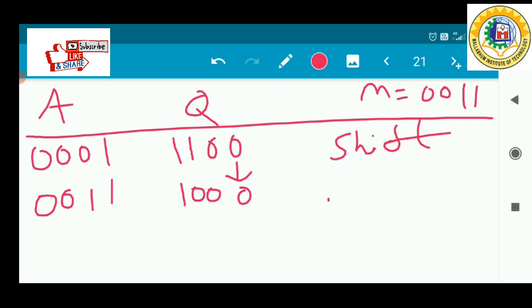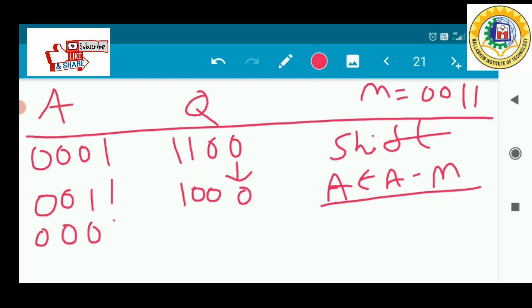Then we perform A equals A minus M. I am not performing this operation again, I already told you in the second step how A equals A minus M is performed. If you perform it, it will ultimately become 0 0 0 0.